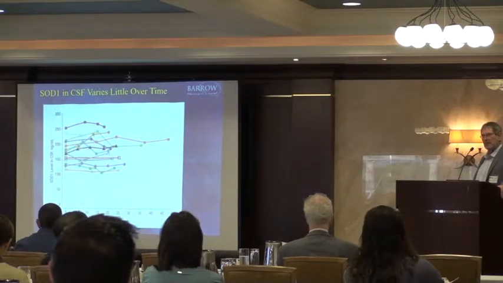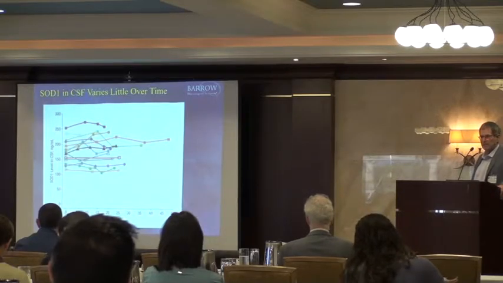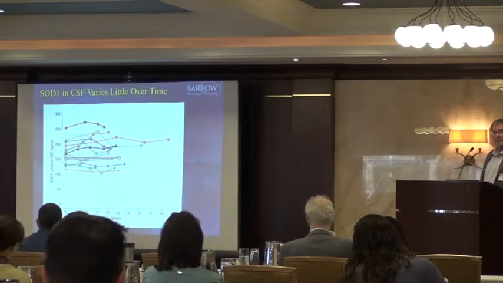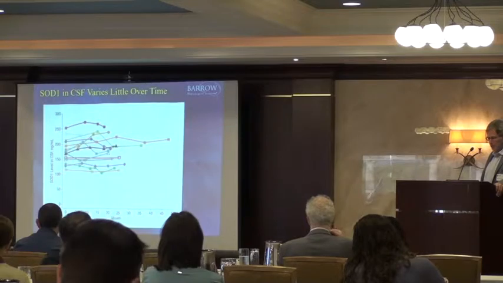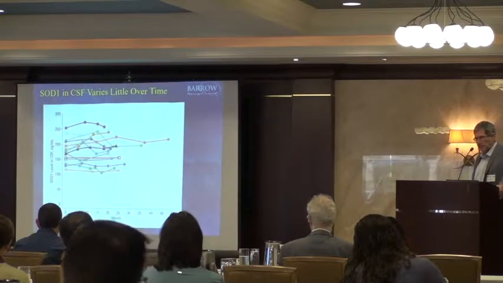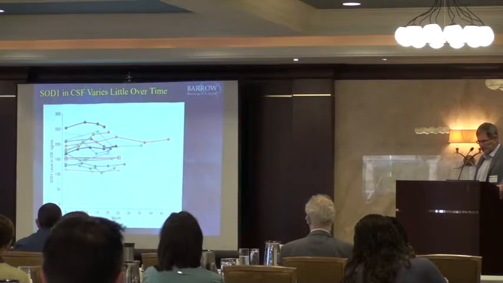But it certainly could be a target engagement marker, and you would expect, to the extent that your RNA is blocked, the protein that it produces should be reduced. And that's the primary outcome measure of a middle phase trial now in progress. It's sponsored by Biogen.